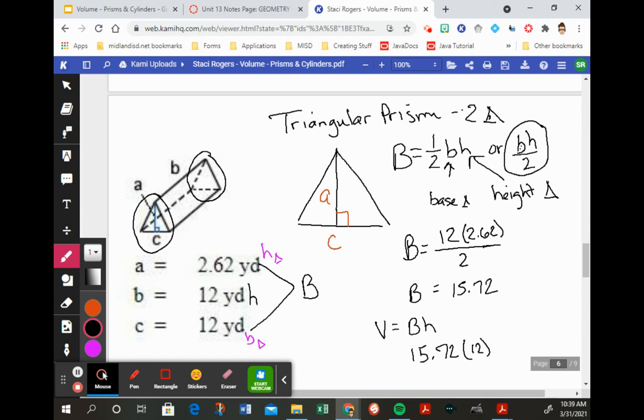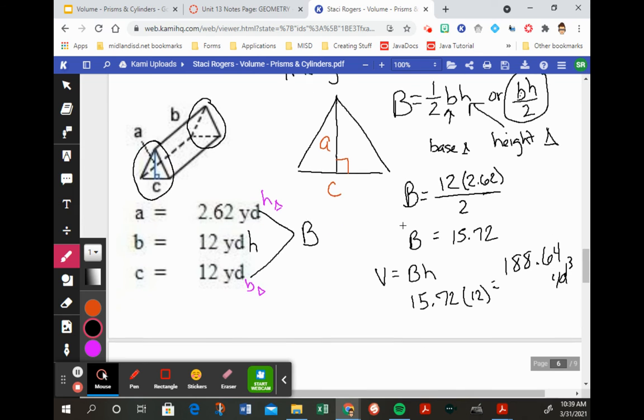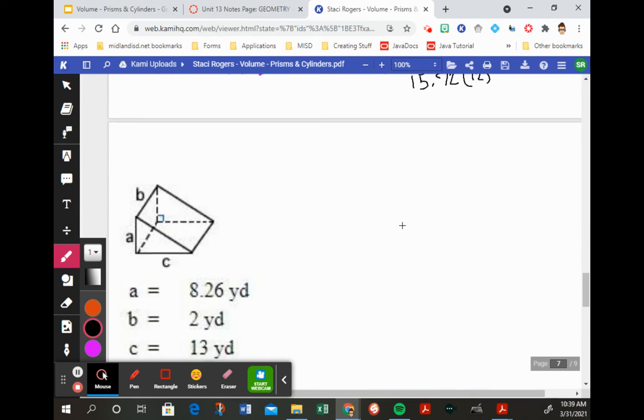So times 12, and I get 188.64 cubic yards. Okay. So that's how we find it on a triangular prism. A little bit more involved, but not much. So let's move on to the next one. Let's try the next one without any interruptions.